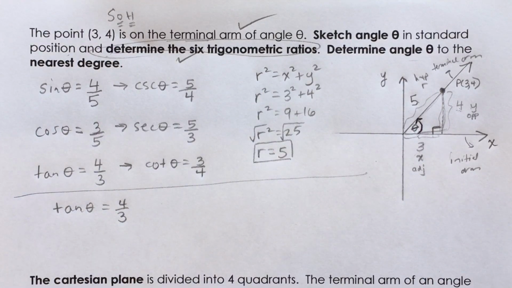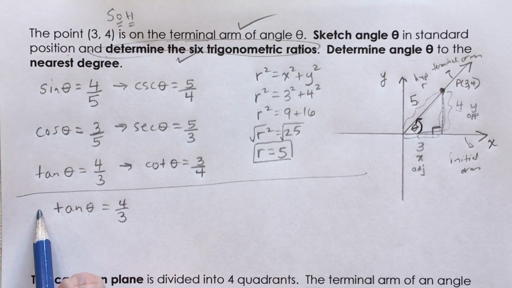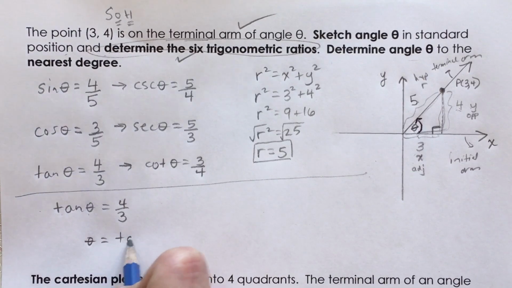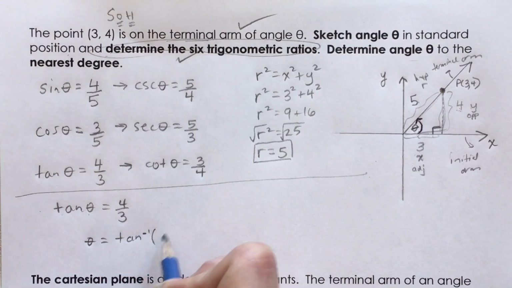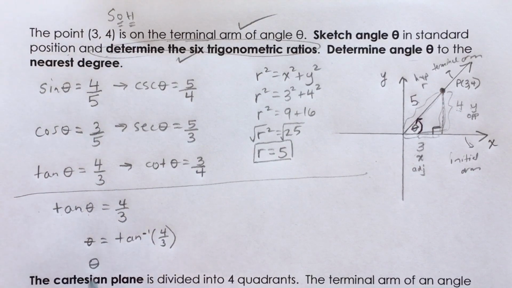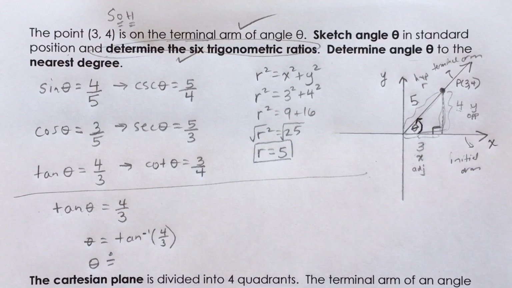And we know that to get angle theta by itself, we have to undo tan. So we want to take the tan inverse of both sides, which would mean that theta would be exactly equal to the tan inverse of 4 over 3. And then you want to make sure you can put that in your calculator effectively. So you want your calculator in degrees.